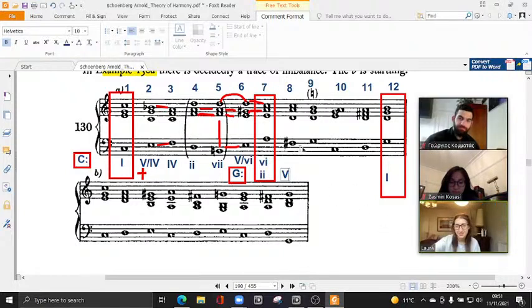So what is the figured bass of the first inversion of a dominant seventh chord? 6/5. Yes, exactly. Yes, it's not D, it's not B.